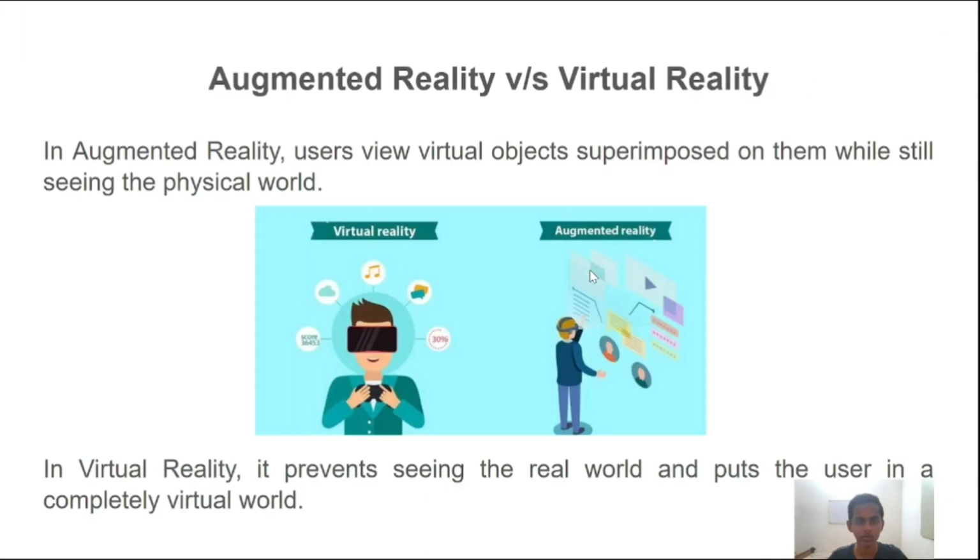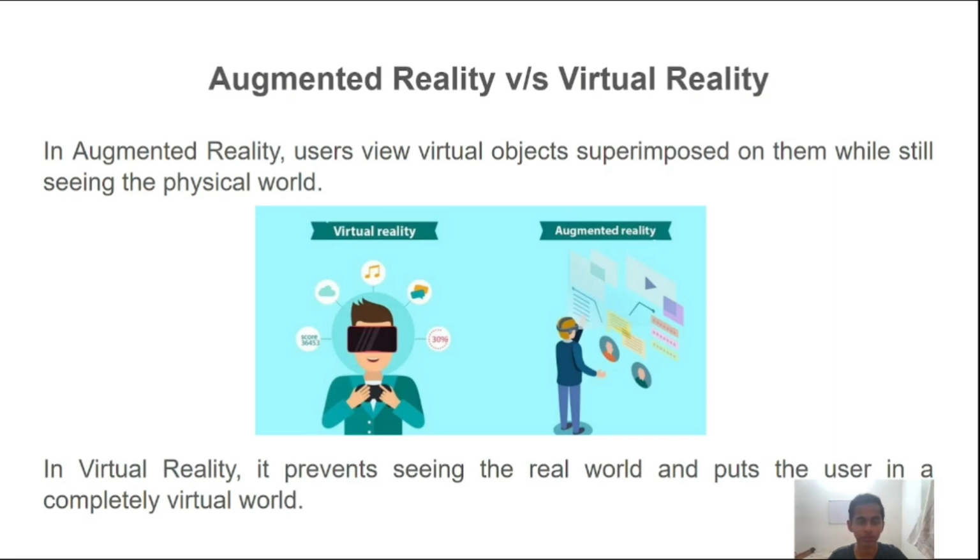So we are mostly familiar with the term virtual reality. So what is the difference between augmented reality and virtual reality? Well, virtual reality completely puts users in a fully digital environment. Whereas augmented reality keeps the users in the real world while adding interactive digital objects.